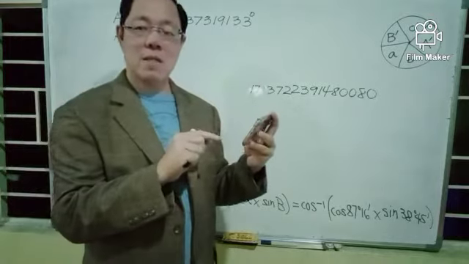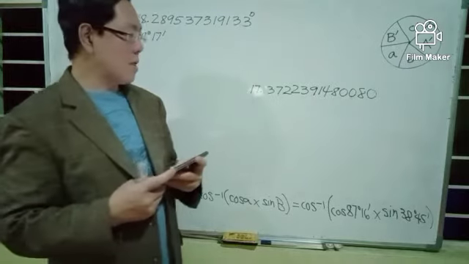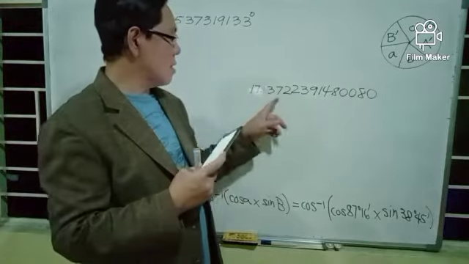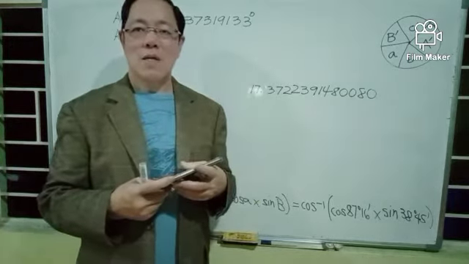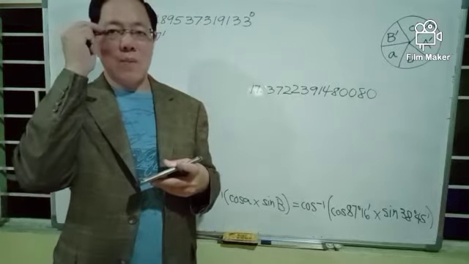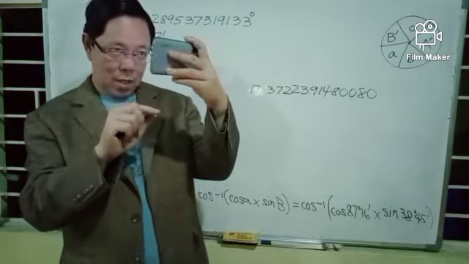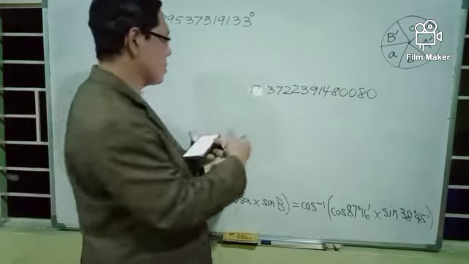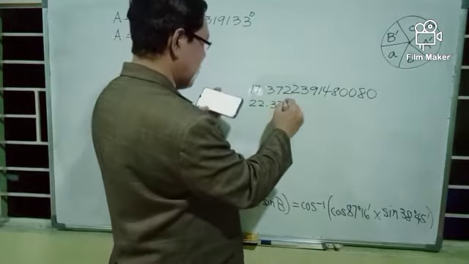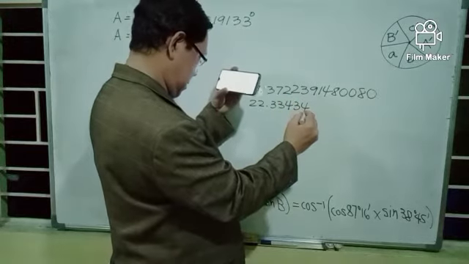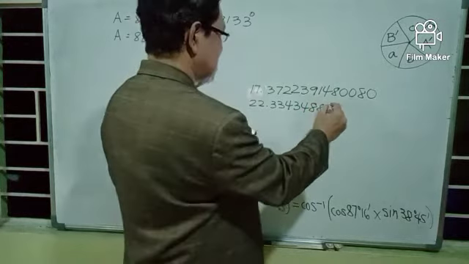That decimal number is in minutes, and 1 minute equals 60 seconds. Now to convert this 0.3722 minutes to seconds, we multiply that decimal number by 60. And you should get 22.33434888048.